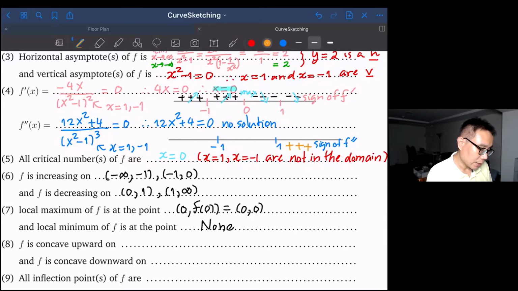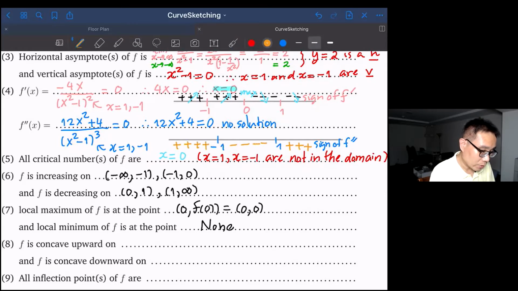And when you plug in x equal to 0, you get negative sign. And for the next one, you plug in negative 2 again, you would get positive sign.